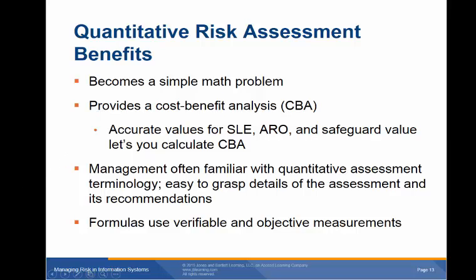It gives you accurate values for the single loss expectancy, annual rate of occurrence, and safeguard value, which lets you calculate the cost-benefit analysis. Management is often familiar with quantitative assessment terminology, so it's easier for them to grasp the details of the assessment and its recommendation. Formulas are verifiable and an objective measurement.